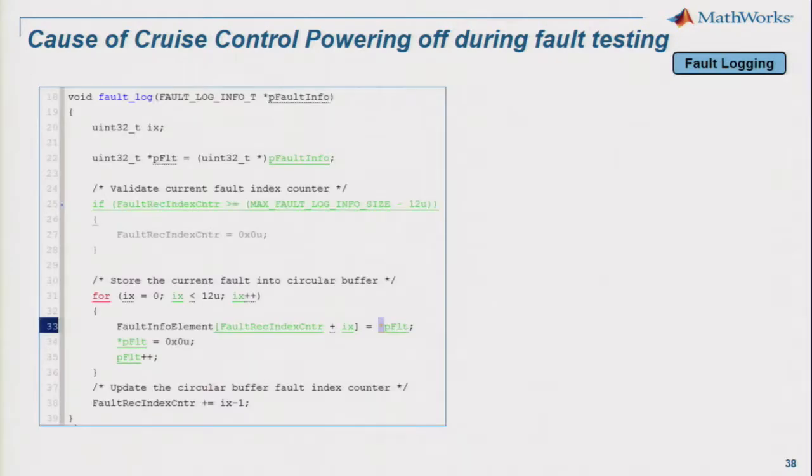Okay. So let's briefly look at this fault log logic. It is a very straightforward file. All it does is copy the current fault log and store it into a circular buffer, which eventually stores into non-volatile memory. After that, it clears it back to 0.